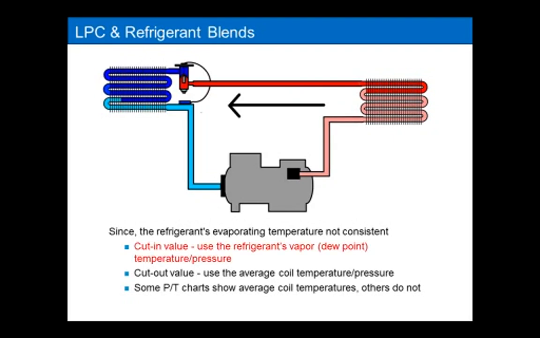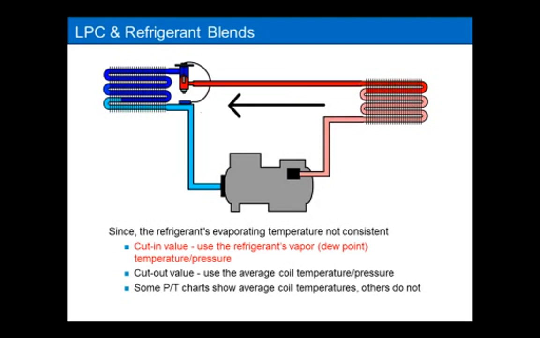Blended refrigerants have 2 saturation conditions that are used. One is called dew point, and one is called bubble point. The dew point temperature, or the dew point pressure, is the pressure-temperature relationship when the refrigerant is mostly in a vapor state, 99.9999999% vapor and a little bit of liquid maybe.